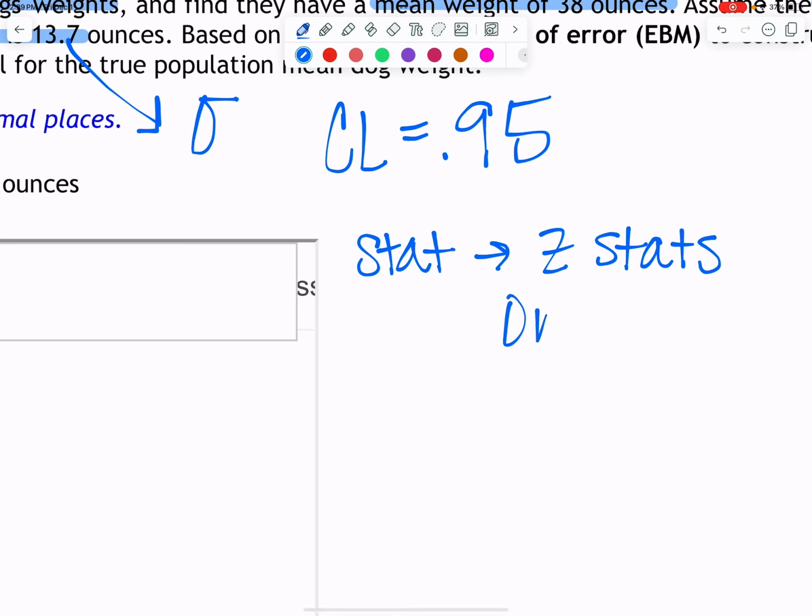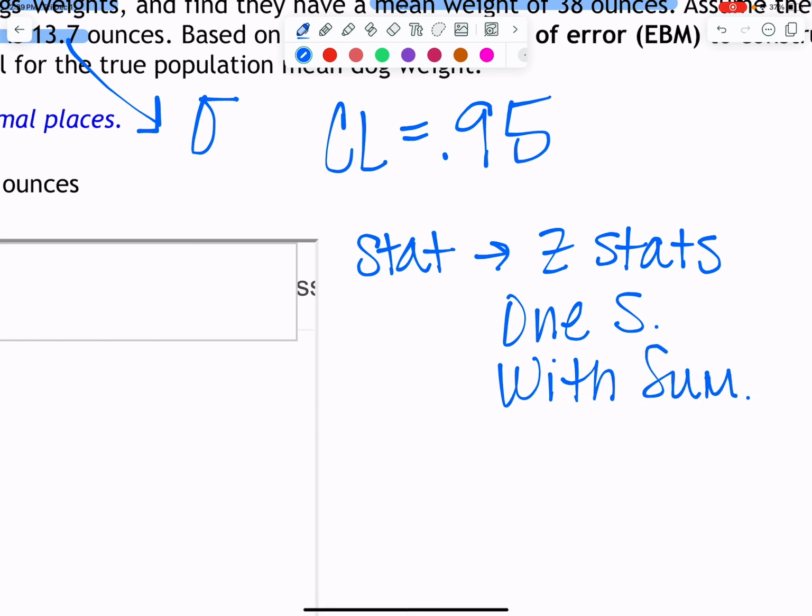We're going to do one sample, and we're going to do with summary. So I'm going to switch over to my Phantom StatCrunch device. And I'm going to take my own advice. I'm going to go to Stat and then Z-Stats. One sample with summary.